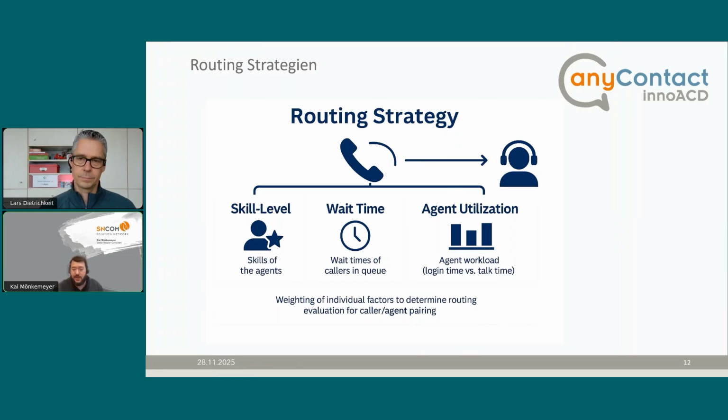Once waiting time is your only routing factor, of course we can have something like an expected waiting time calculated. And if you want to make a list out of the waiting time, you can do so, but it's not a fixed list, because, for example, you have VIP routing.